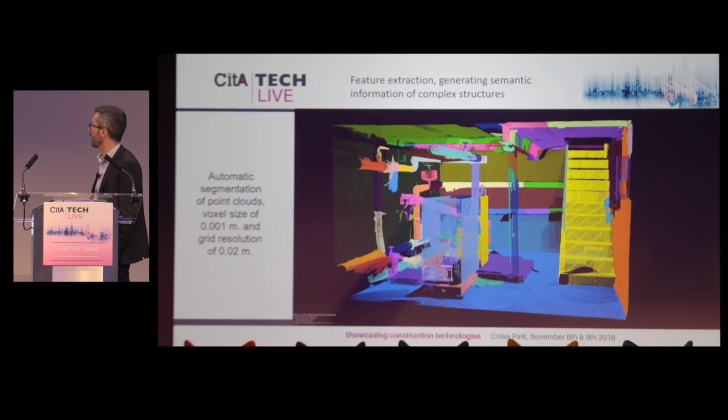So we're probably going to have to end up with a smaller resolution that will be able to pick up finer detail. In this case, we have a voxel size of 1 millimeter and a grid resolution of 20 millimeters, so quite small. And we can see that it results in a proper classification of objects.